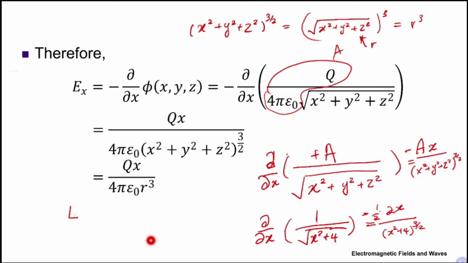To work out the y component, do the same, but take the partial derivative with respect to y. Intuitively, without even solving, you should guess that this equals Q y over 4 pi epsilon naught r cubed.